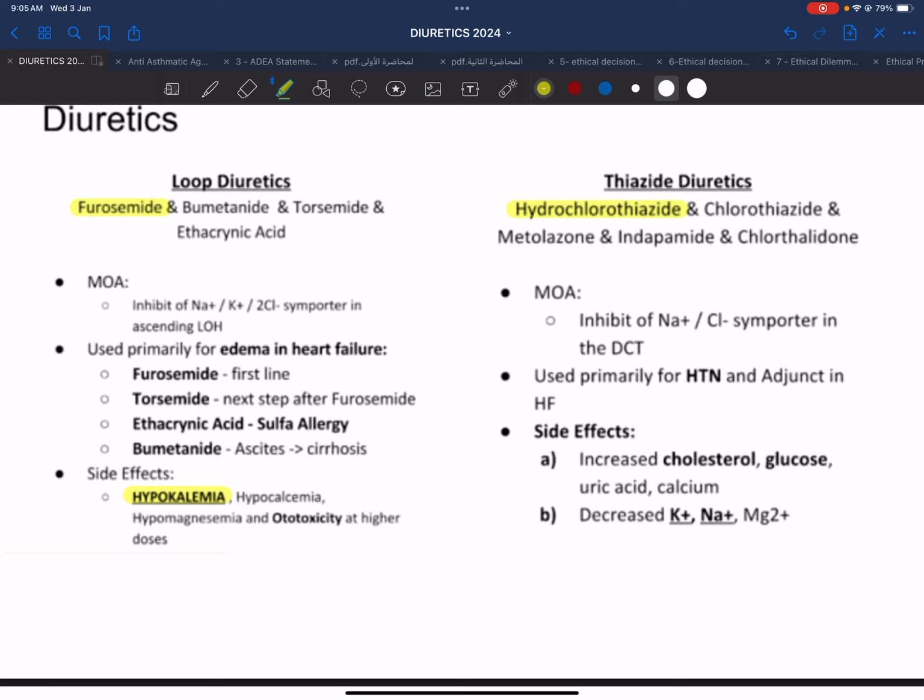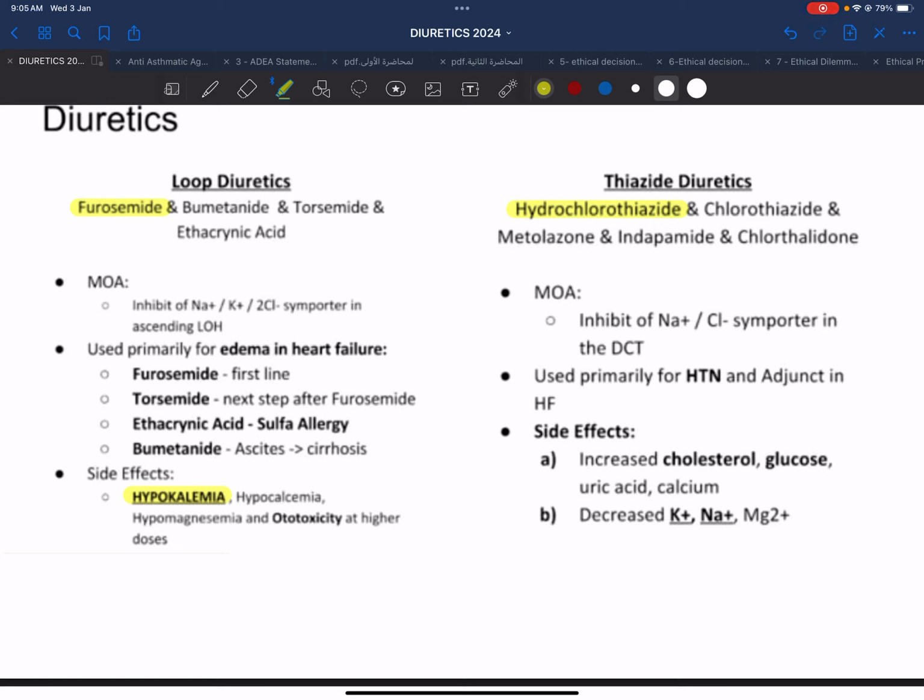The normal range is 80 to 100 milligram per deciliter. 126 milligram per deciliter means hyperglycemia. 126 is the cutoff value. Before this is pre-diabetes, but 126 and above means diabetes or hyperglycemia.